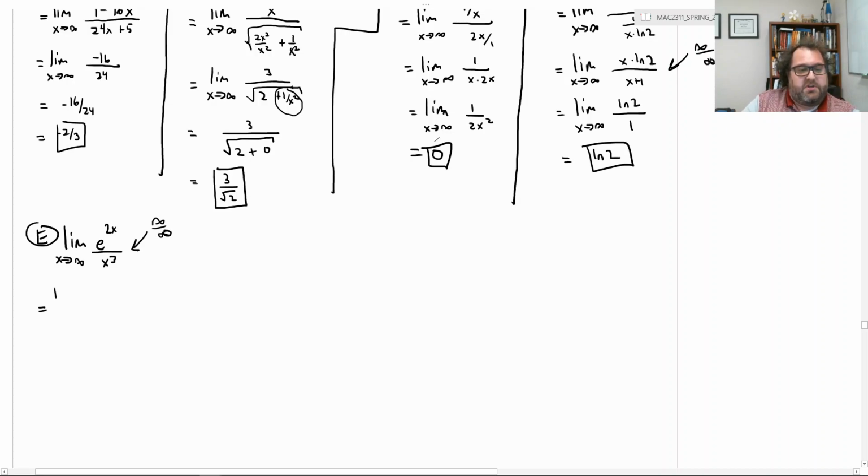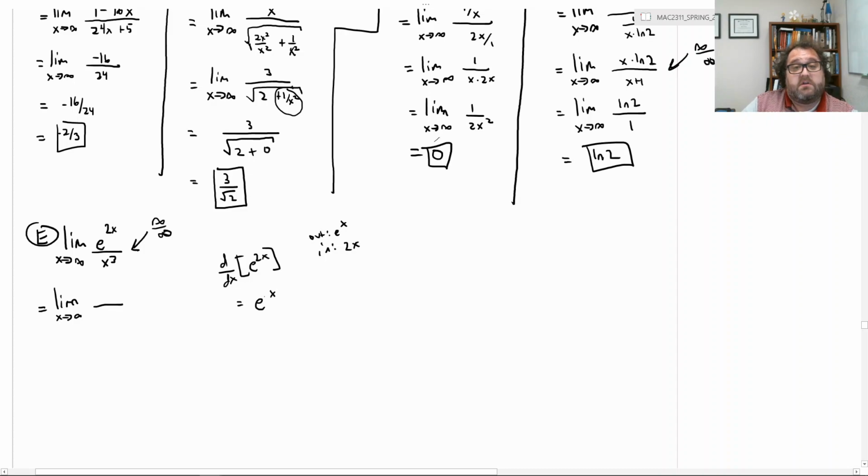All right, so we differentiate the top and the bottom individually. The top requires a little chain rule, right? e to the 2x, it's a composite. Outside is e to the x, inside is 2x. Chain rule says you take the derivative of the outside function, you get e to the x.